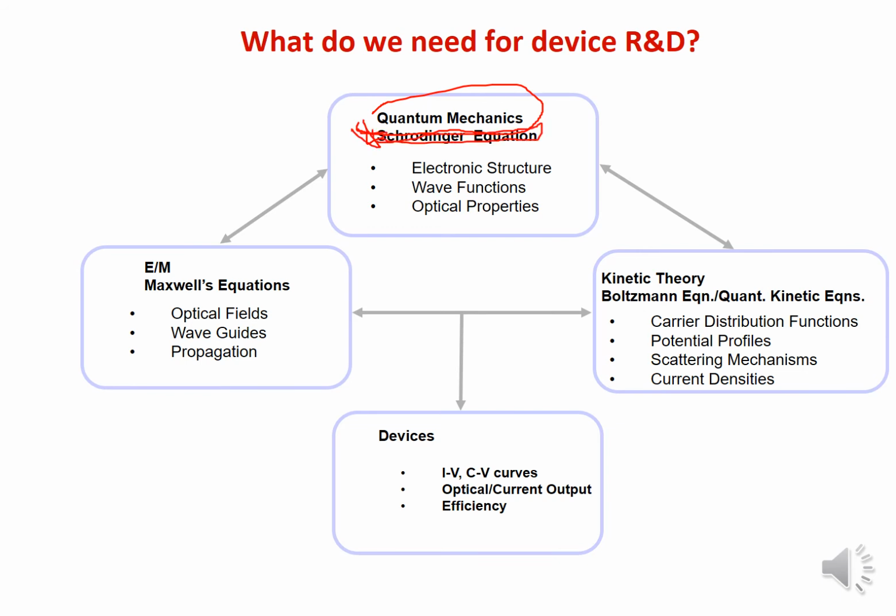This is something like Newton's equation of motion, interpreted in terms of quantum mechanics. Based on that, you will learn the electronic structure and wave functions, and it is closely correlated with the optical properties.